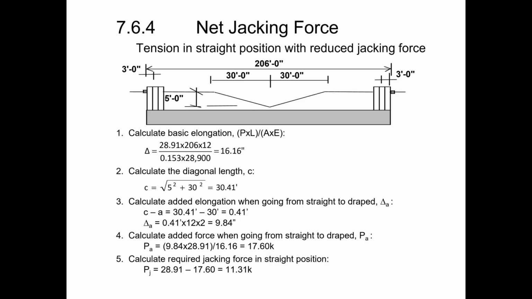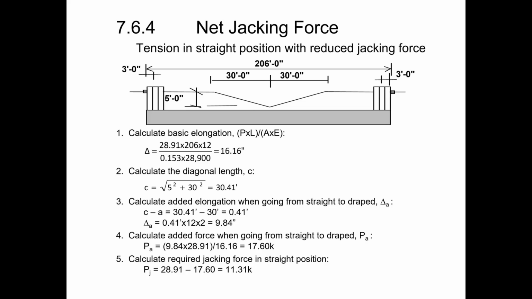All right, so let's take some questions from this one. So this is the second calculation that we're going to do in Chapter 7. And it's, again, this 5-step process. You don't have to always do the 5 steps in this order. You can calculate your C before you calculate your basic elongation.